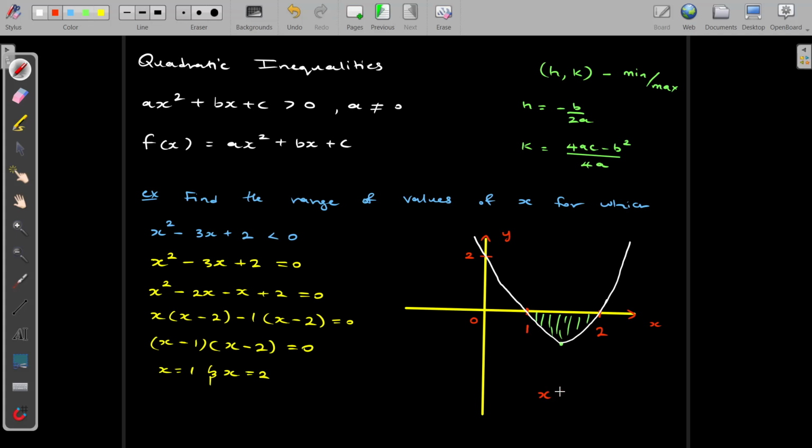So x where this is 1 and this is 2. So these would be the set of values that satisfies this graph. So any value that we select between here, the x is going to range from 1 to 2, right?